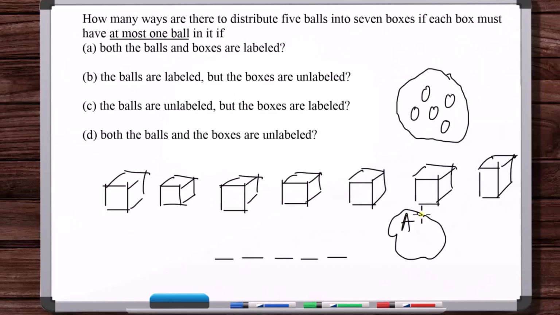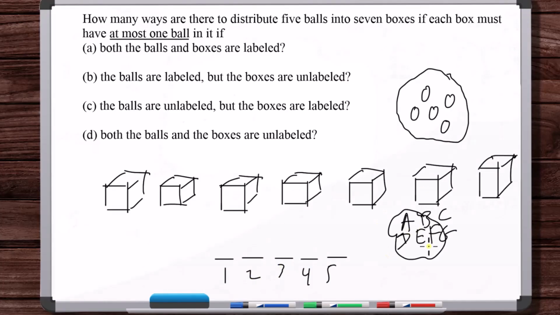So we've got 7 boxes. Right? 5 balls. Now they're unlabeled, but we're just putting these labels just to keep our thoughts organized. This is like the first ball we pick, the second ball we pick, the third ball we pick. But order doesn't matter, right?